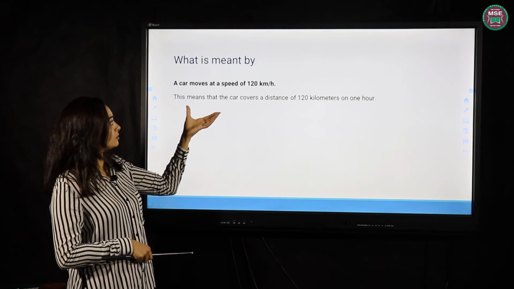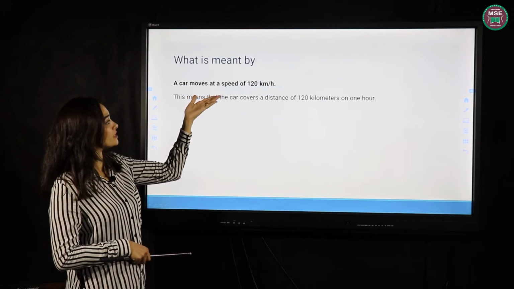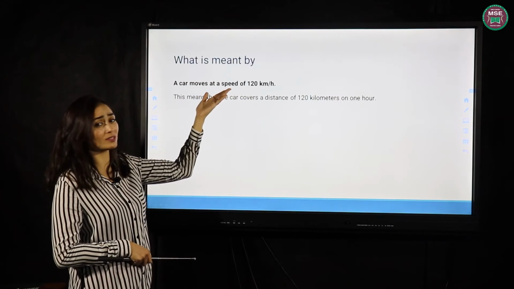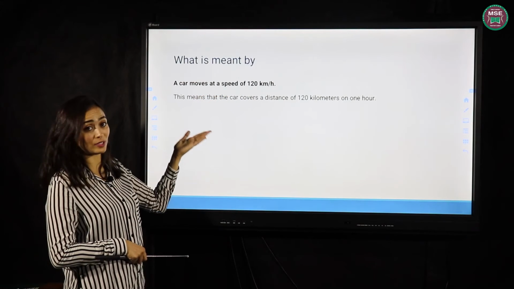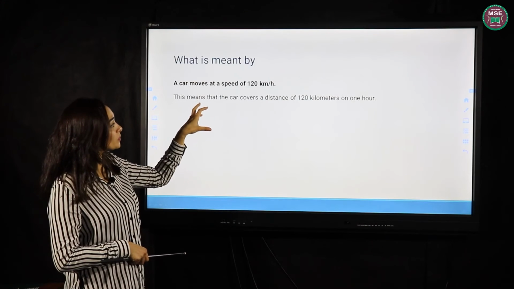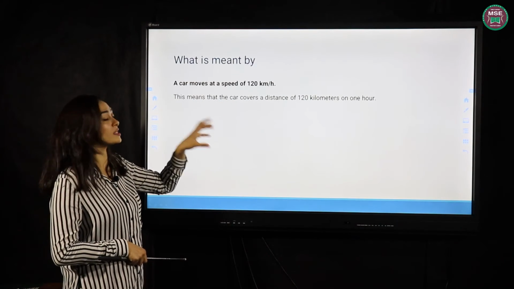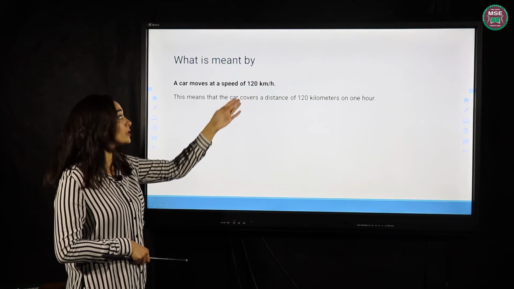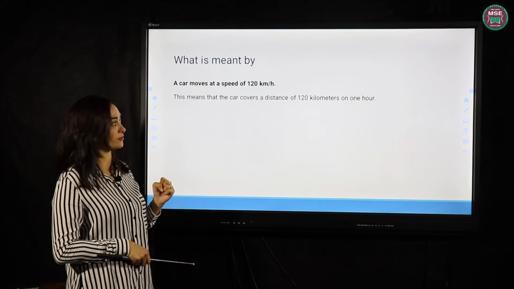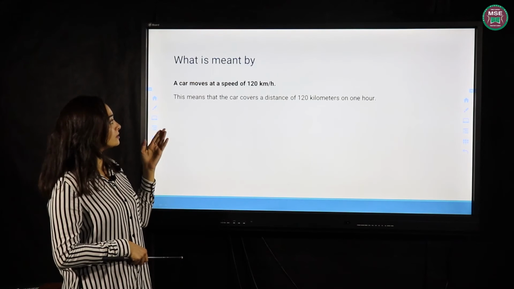When the question says a car moves at speed 120 km per hour, what does it mean? It means speed equals distance over time. So we have to say the definition of speed with the given number as follows.